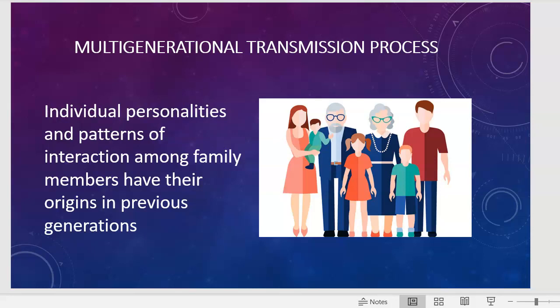Another way this plays itself out is with attachment theory that we've already talked about. The parents' own experiences of how they were parented are going to play a large role in how they parent their own children.